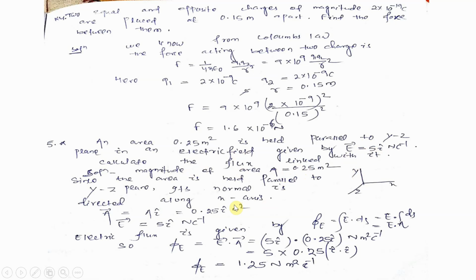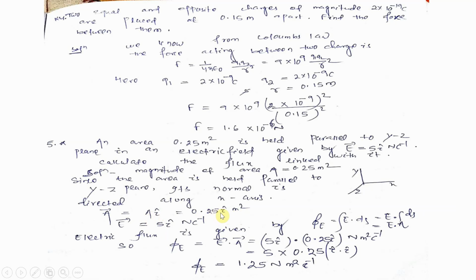In mathematics, when an area is held parallel to the YZ plane, its direction is along the x-axis. Normally it is directed along the x-axis. So here the area is taken as a vector, and since it is along the x-axis, i cap is the unit vector.